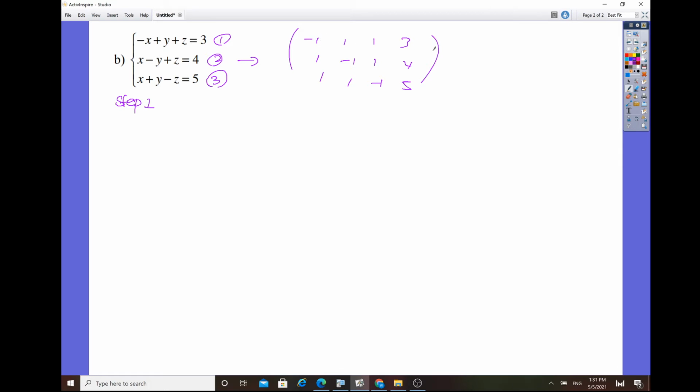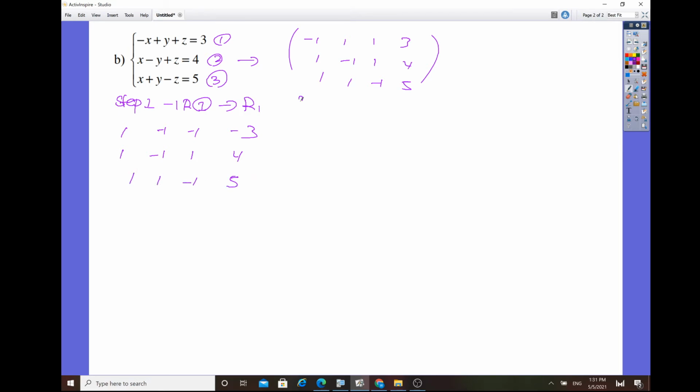So just simply multiply everything by negative 1. So row 1 times negative 1. Replace that for row 1. So negative 1 times negative 1, positive 1, and negative 3. Everything else, just rewrite it. 1, negative 1, 1, 4. 1, 1, negative 1, 5.